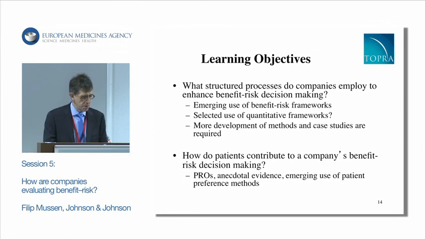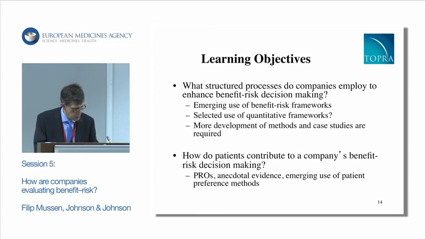The learning objectives of this talk were really to try to explain what structured process companies employ to enhance benefit risk decision making. I tried to demonstrate that there is an emerging use of benefit risk frameworks. There is maybe some selected use already of quantitative frameworks, but again, I think there still needs to be more work in this area.